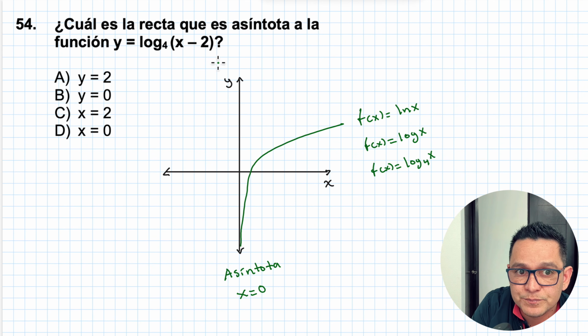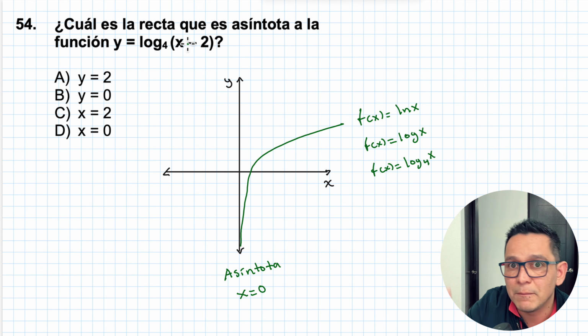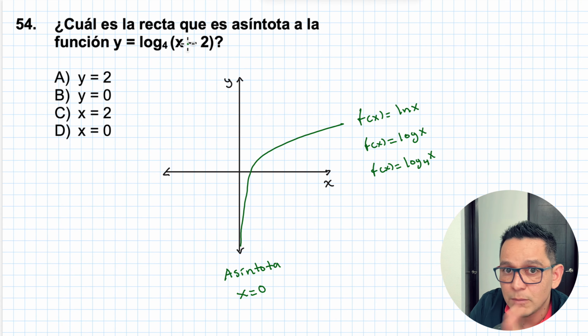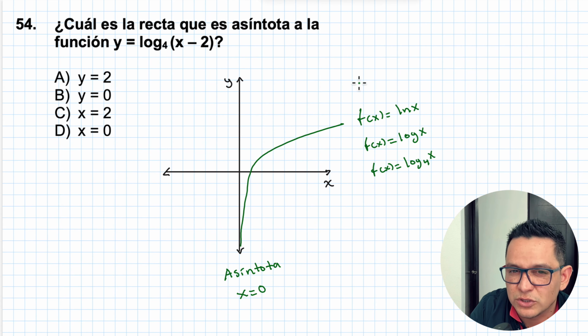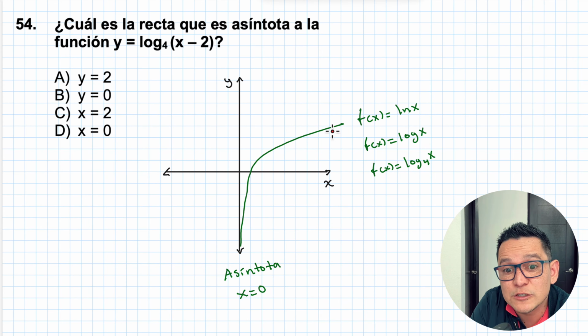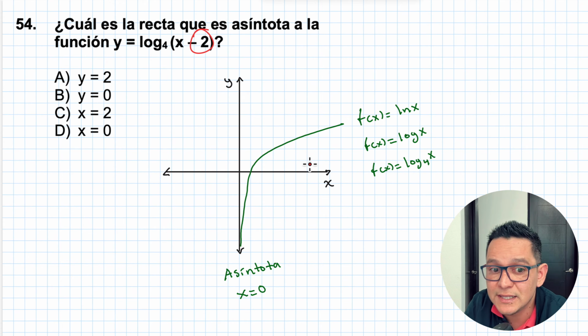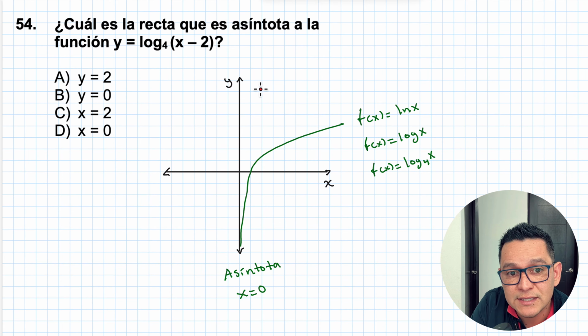So if it's subtracting, it goes to the right. If it's adding, it goes to the left. That's why I say it does the opposite. In this case then, since I'm going to shift this graph 2 units, where? To the right.